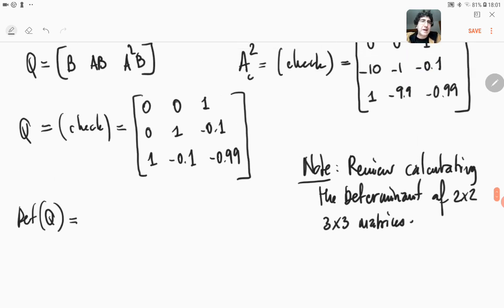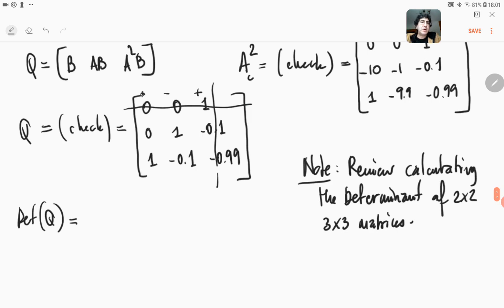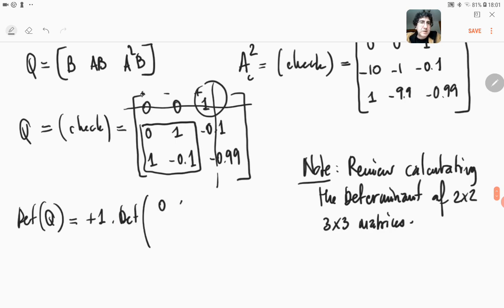In this case, I will put plus, minus, plus here, and I will hide these row and column, and we know that this determinant will be plus 1 times the determinant of this matrix here, and that's going to be plus 1 times 0 times minus 0.1 minus 1 times 1.